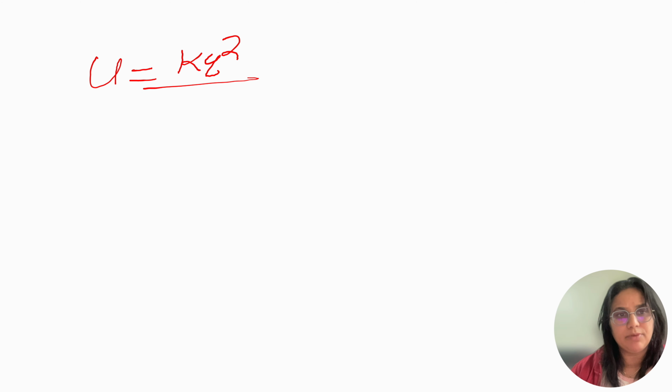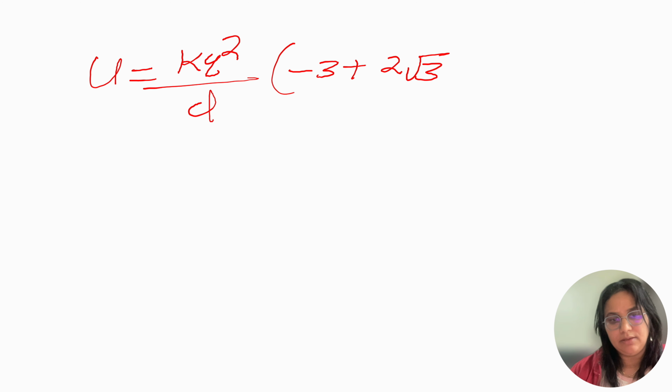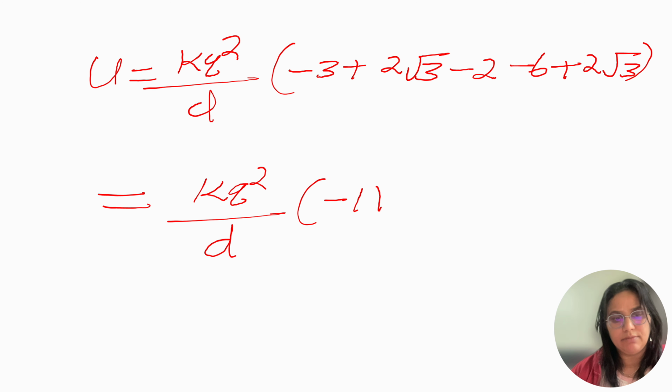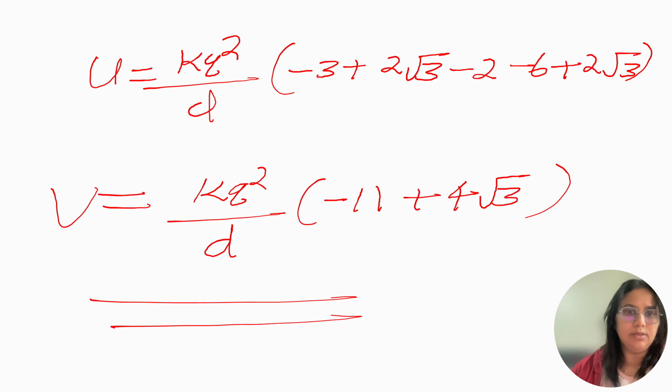Now combine the terms. U is equal to Kq square by d, taking it as a common factor, multiplied by minus 3 plus 2 root 3 minus 2 minus 6 plus 2 root 3. If we simplify this, Kq square divided by d into minus 11 plus 4 root 3. That is the potential energy of the system.